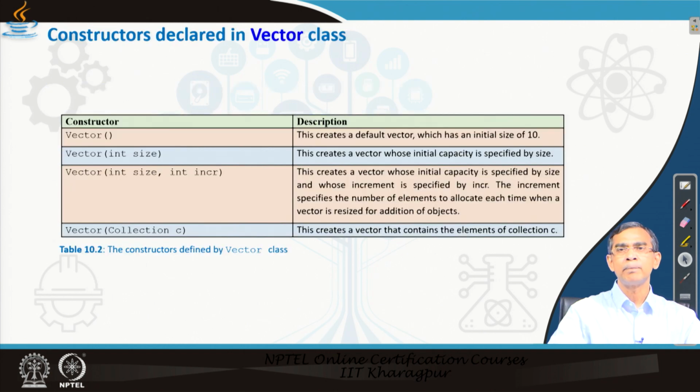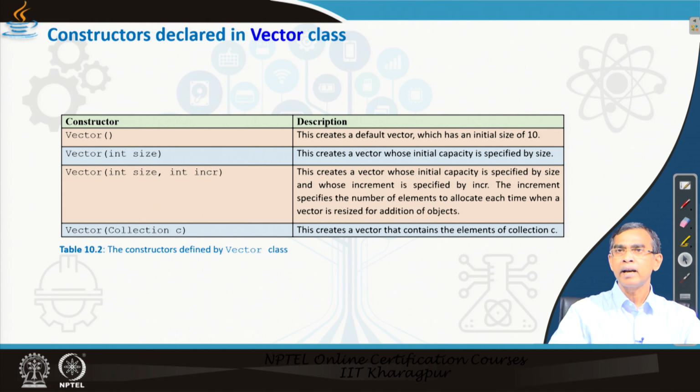You can store any type of objects in this Vector, and it has only a few simple constructors. With the default constructor, you do not have to mention anything, and it will create a collection of type Vector. You can also mention the initial size, and the increment by which the Vector will automatically grow.